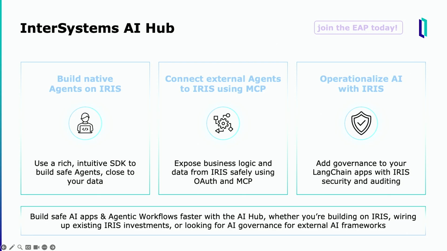This will help you build AI systems and agentic workflows more quickly and safely, and it offers a lot of different experiences, including working with ObjectScript, working with the Model Context Protocol that I showed you today, and also it interfaces with hugely popular frameworks like LangChain in Python or LangChain4j in Java.